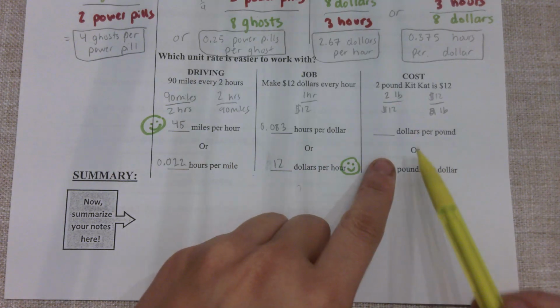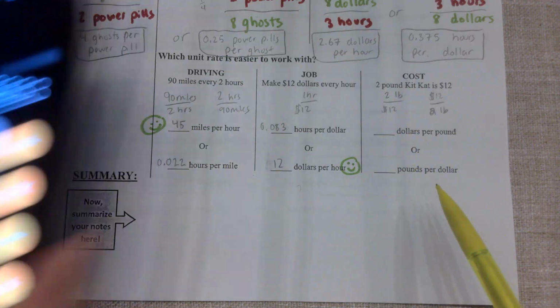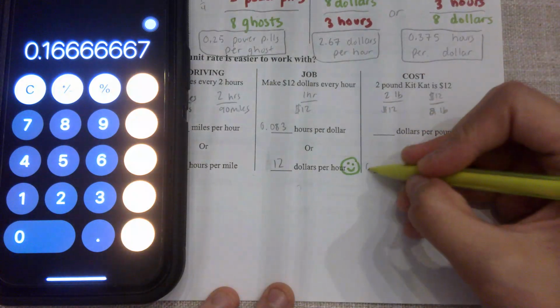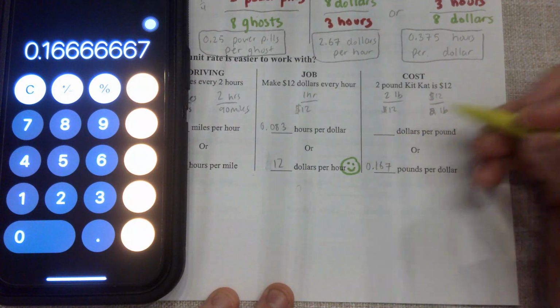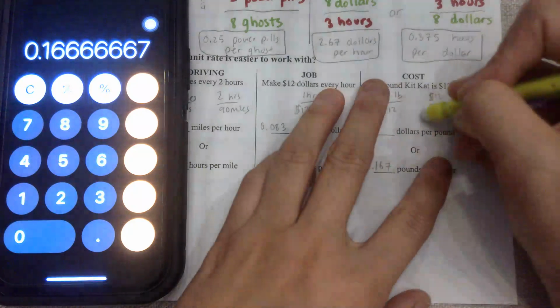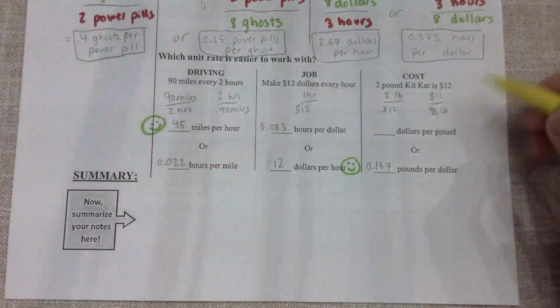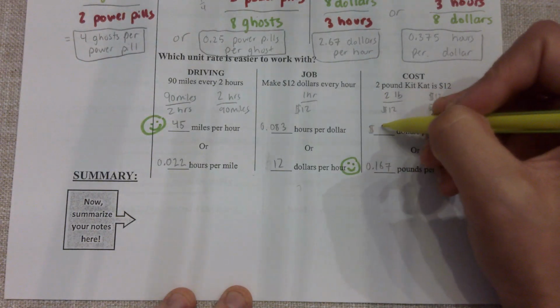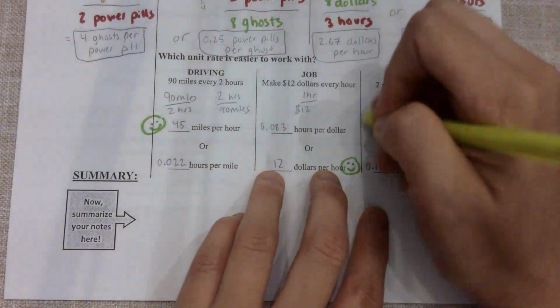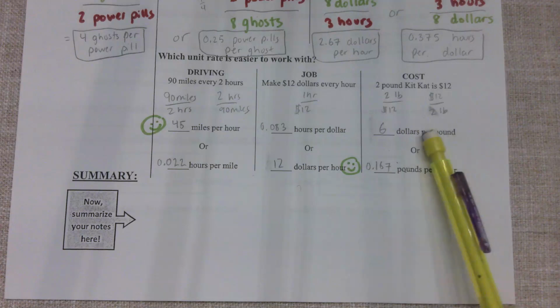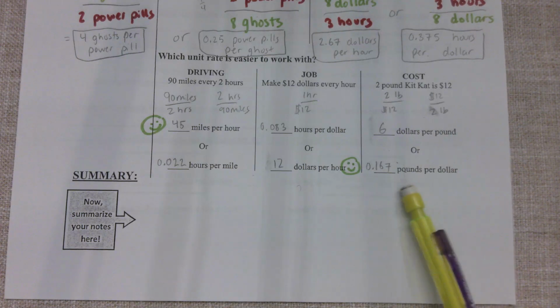So 2 divided by 12, 0.167, and this one has, sorry, let me make that look more like a 2. 12 divided by 2 is 6, so $6 per pound. I keep drawing the dollar sign, but I don't need it. Okay, so $6 per pound, or 0.167 pounds per dollar. This one seems nicer.